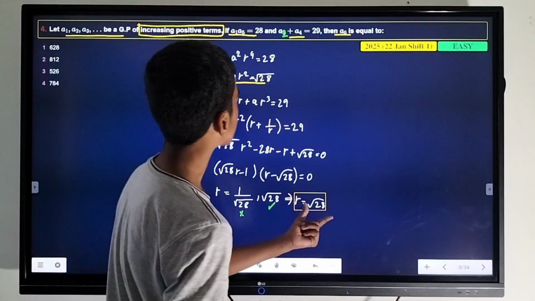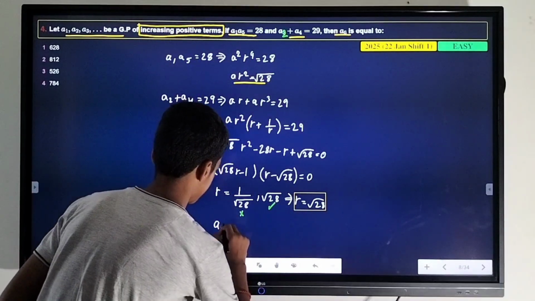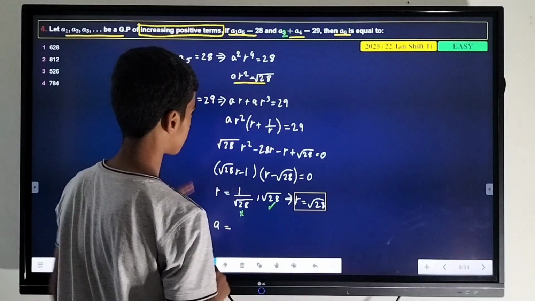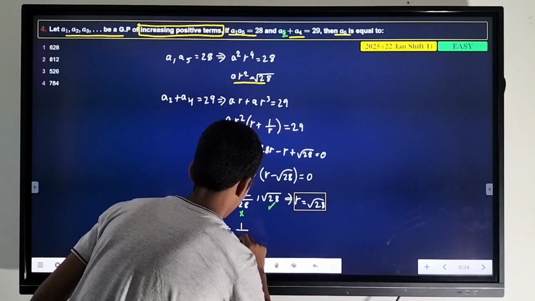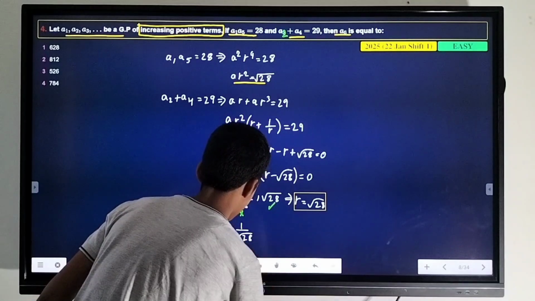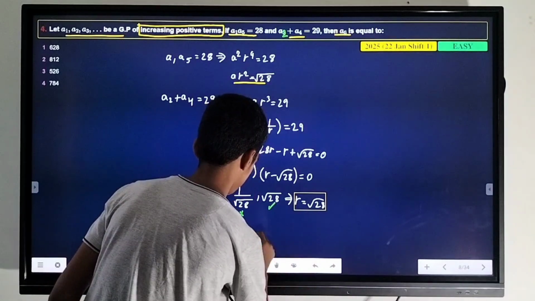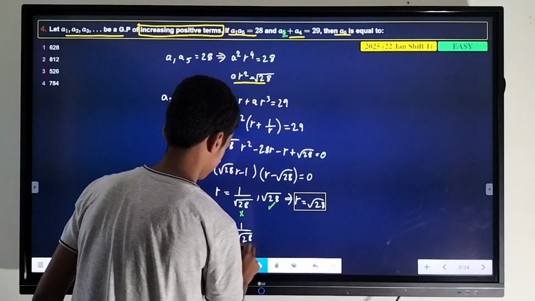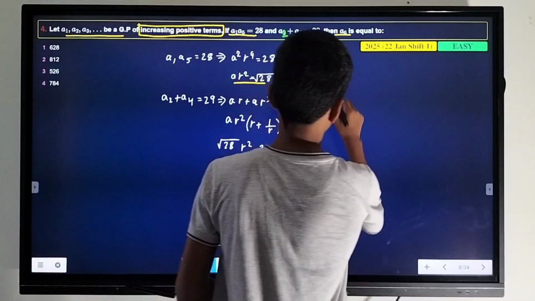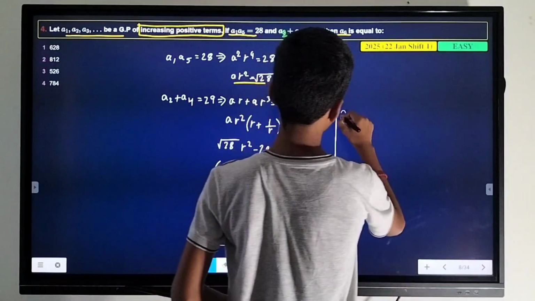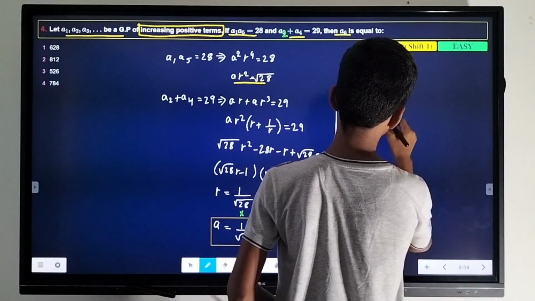If our R is equal to root 28, using this relation, our A is equal to root 28 upon 28, which is 1 upon root 28. Now our A6 is equal to AR^5.